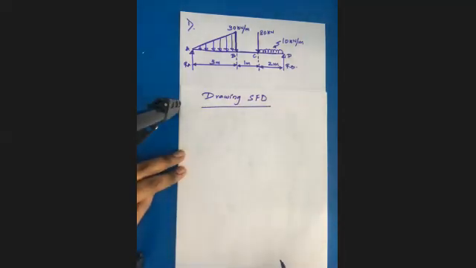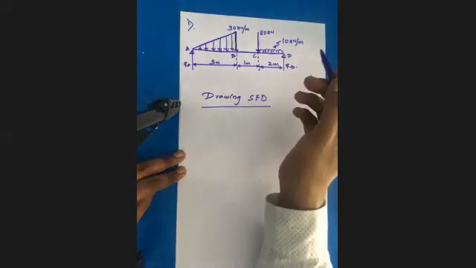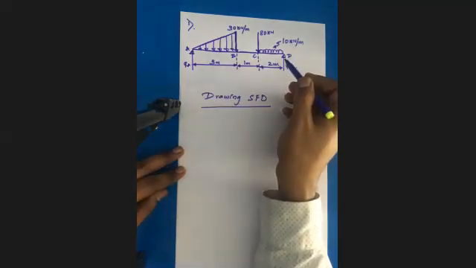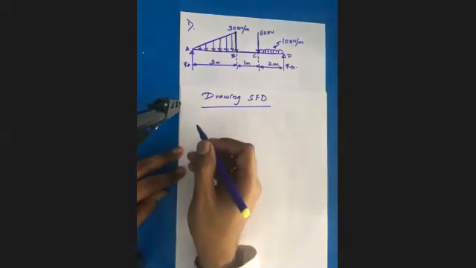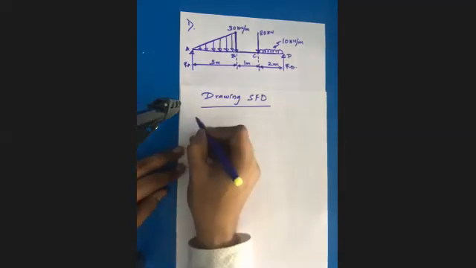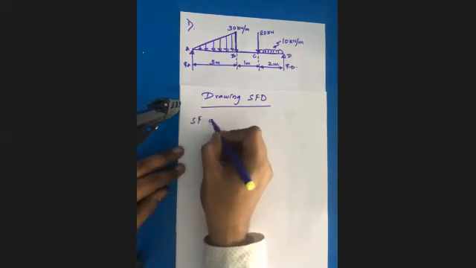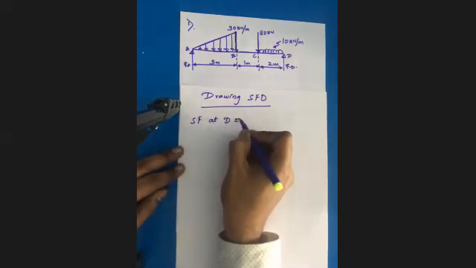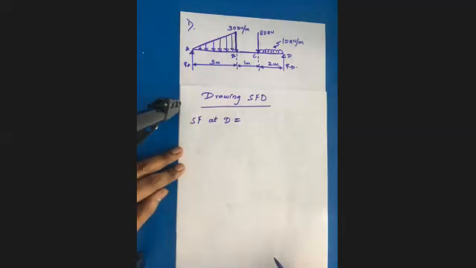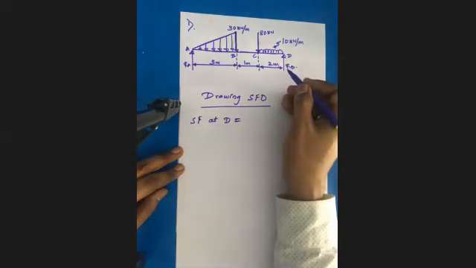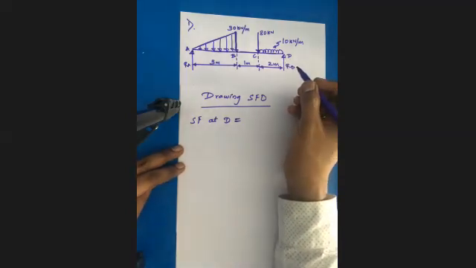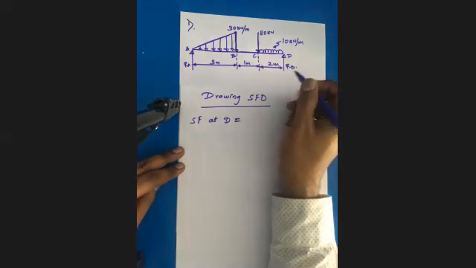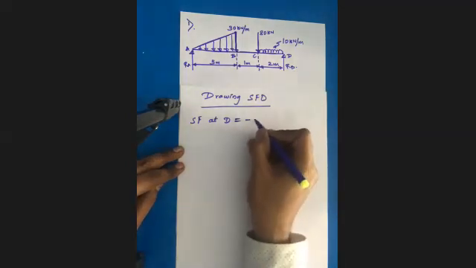So first, as usual, I'll go from point D to point A. So at point D, what is the SF? I'll write SF at D is equal to this RB, but RB is on the right side and it's acting upwards. So that will be negative. So how much is RB? Even though it's 85 kilonewton, here it will be negative, that is minus 85 kilonewton.